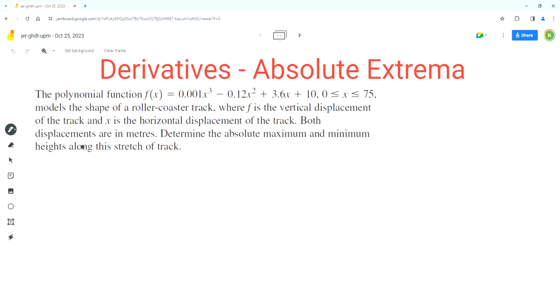Both displacements are in meters. And we have to determine the absolute maximum and minimum heights along this stretch of track.